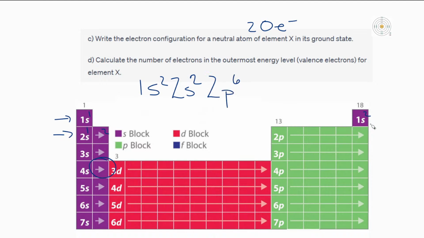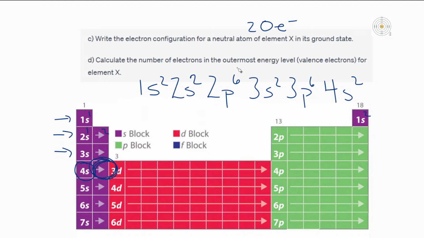We've used 10. Back to the third energy level, 3s1, 3s2. We've used 12. We do our 3p, which we said has 1, 2, 3, 4, 5, 6. And finally, we end up with 4s1 and 4s2, which is our calcium. That is the electron configuration for element 20, which is calcium.